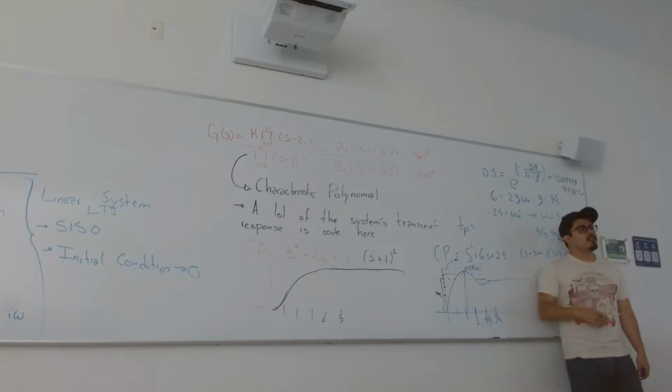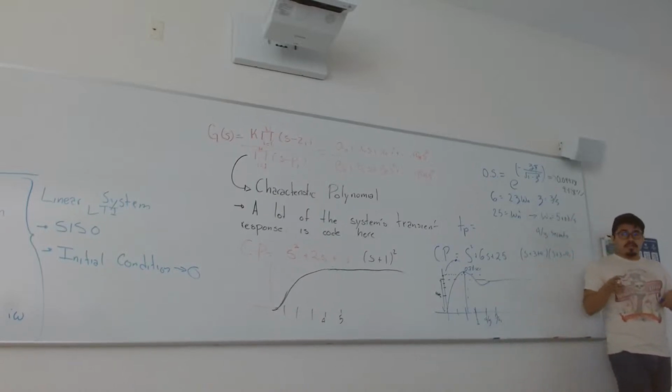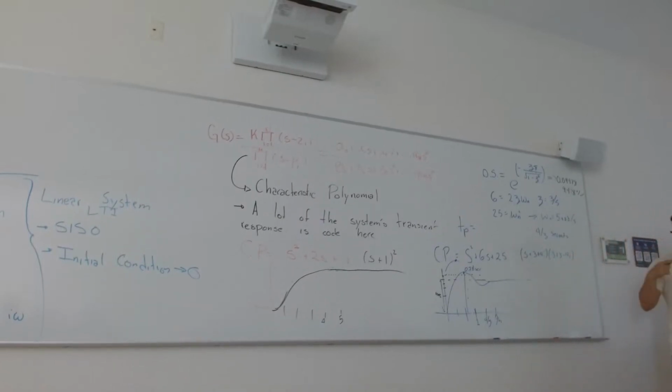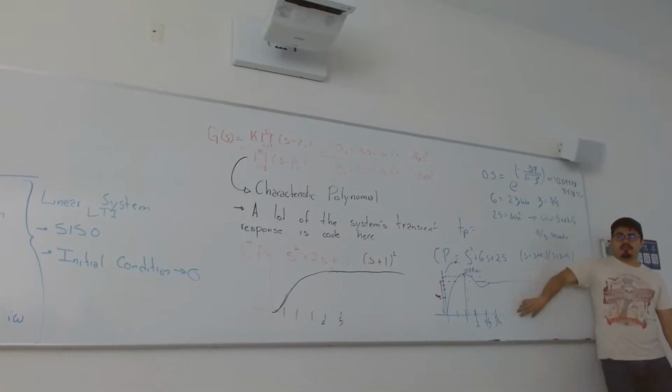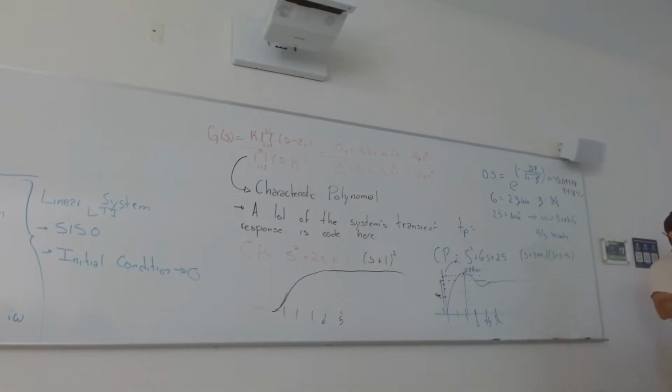So if you can control the characteristic polynomial, it means you control the time response. So the idea is we are going to try to control the characteristic polynomial instead of the differential equation system, because it's easier to do math in the transfer function domain, the Laplace domain. Right? Okay.